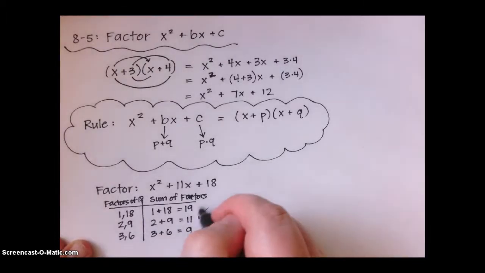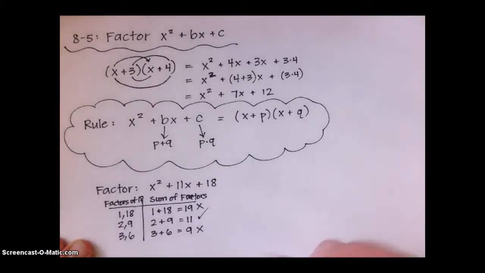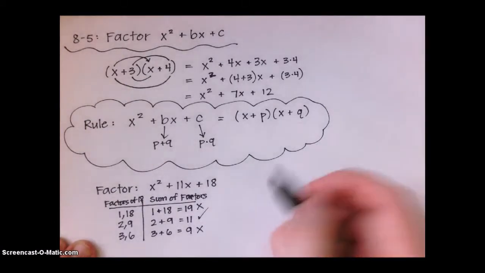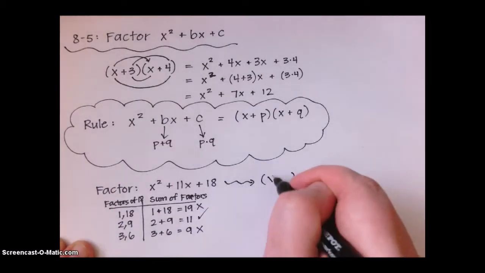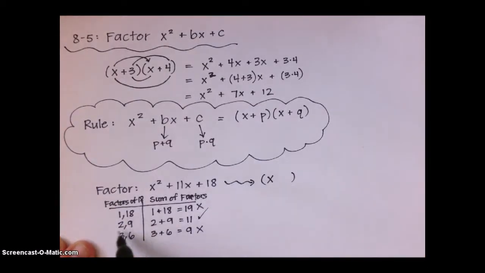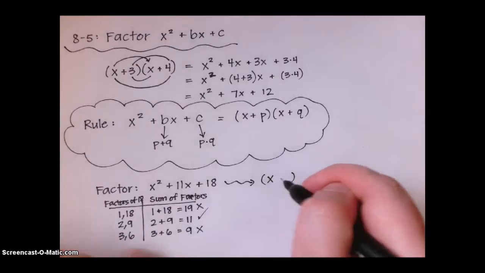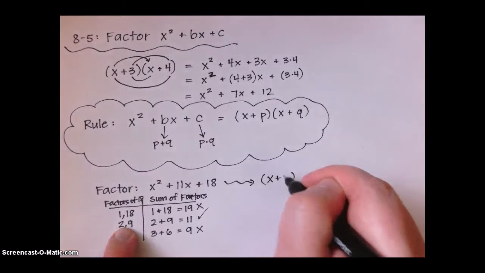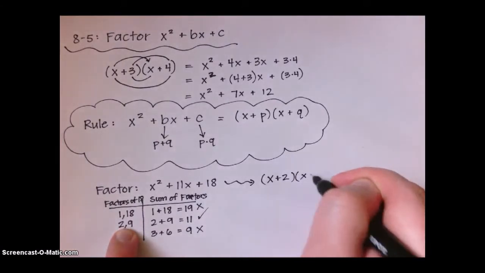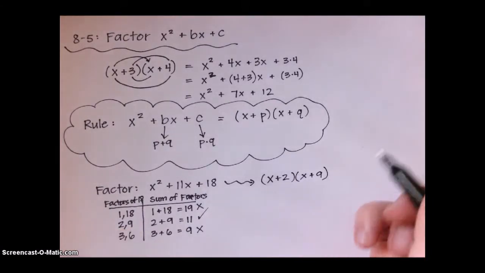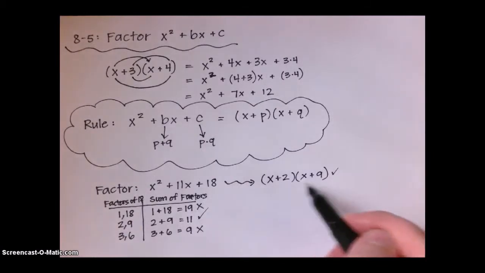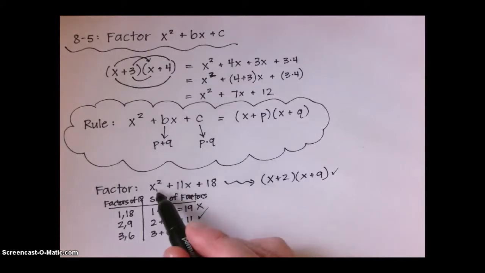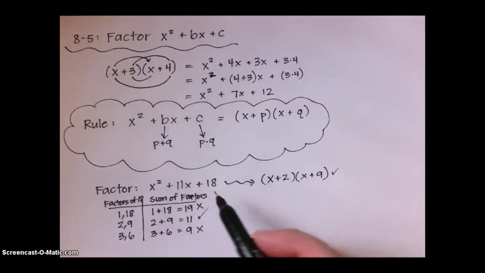So it would be 2 and 9, and it would not be 3 and 6. So to factor this out, it's going to be very simple. With those factors that worked for multiplying to get the 18 and adding to get the 11, I'm simply going to use x plus 2 times x plus 9. And I am done. I have factored this out. And we could check it. We could do FOIL with this, and we would come back to x squared plus 11x plus 18.